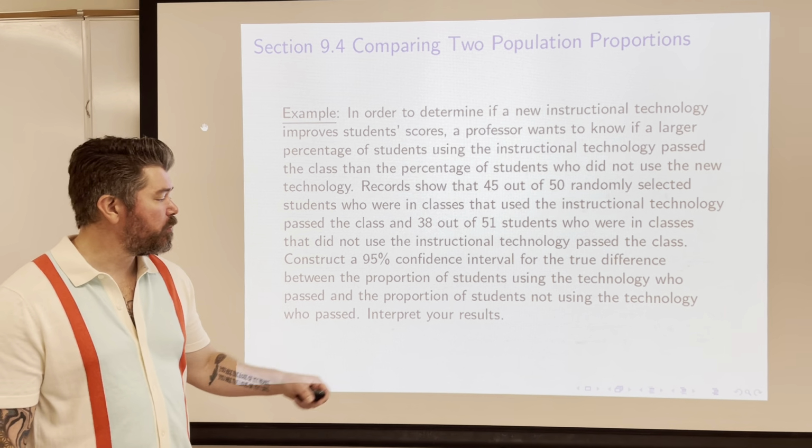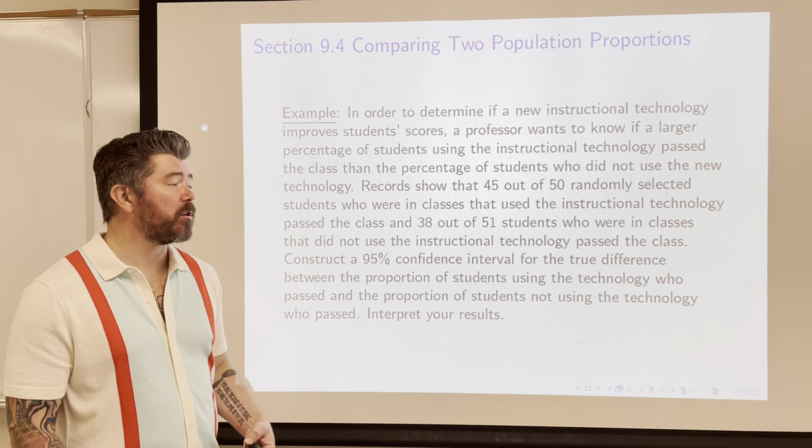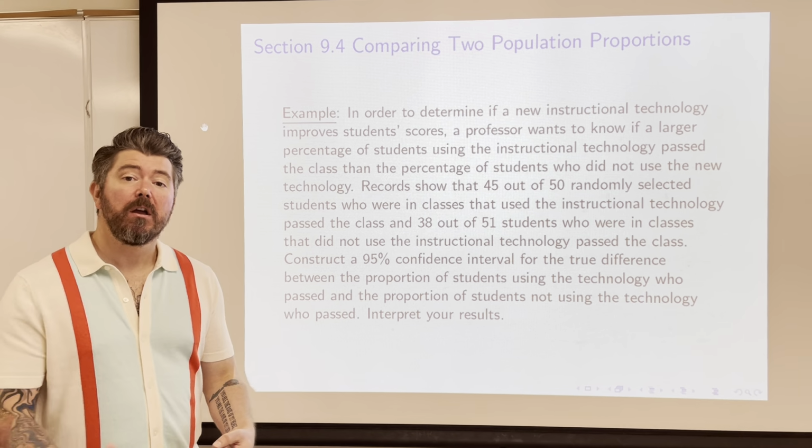Now, pause this and try to attack the problem. I know we haven't done an example together, but again, it's very similar. We're going to need to pull out our idea of population 1 and our idea of population 2. What do you think population 1 is going to consist of? What group do we mention first?